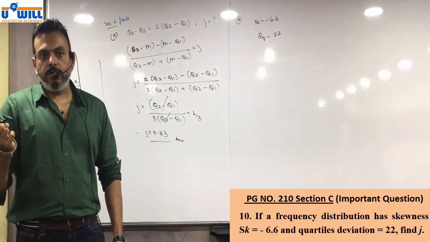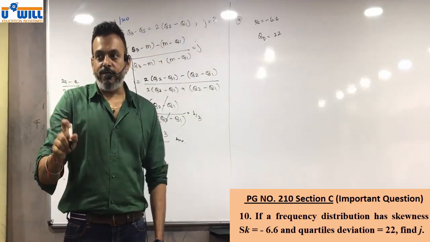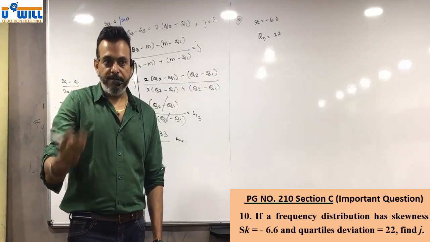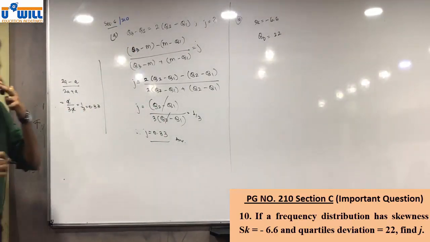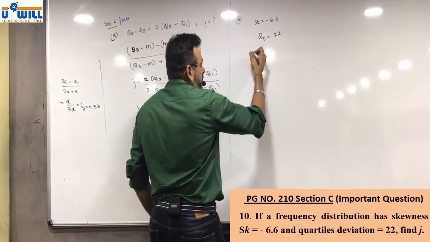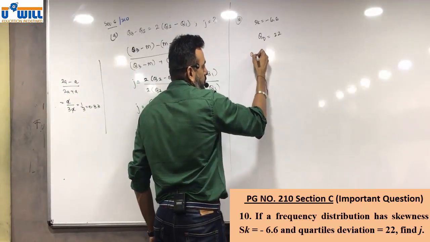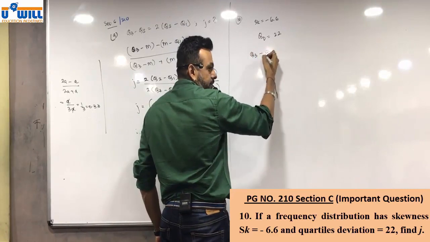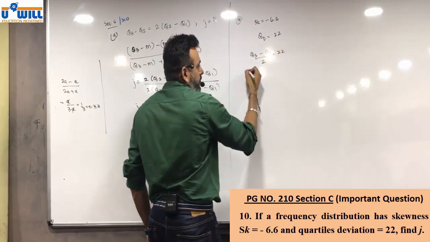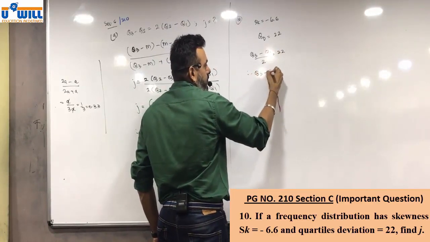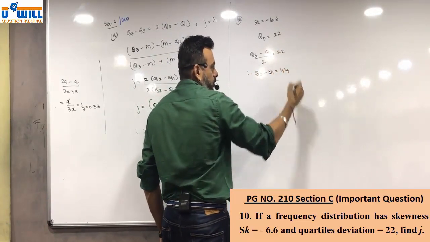Now it's a combined concept of chapter number 4 and chapter number 5. Now quartile deviation is what? Q3 minus Q1 upon 2 is equal to 22. Therefore Q3 minus Q1 is equal to 44.